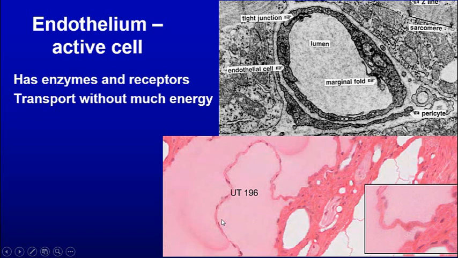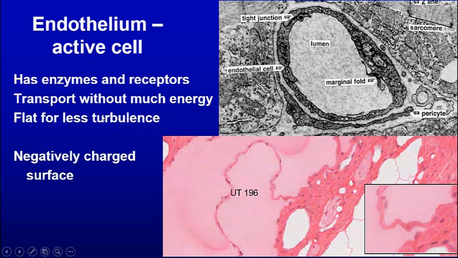Now, endothelial cells themselves are not just sleeping. They are very active cells. They have enzymes and receptors for transporting things across. Also, they transport without much energy. They're flat, and so you don't make much turbulence as you go through there. And they have a non-wettable surface.